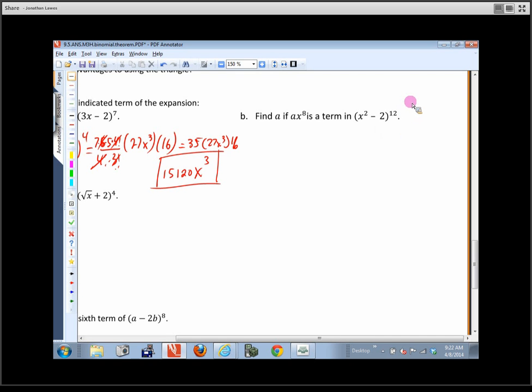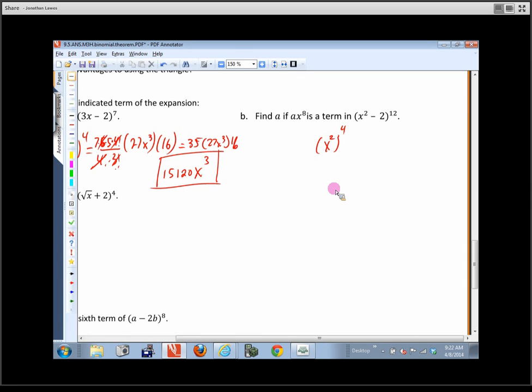So let's stop and think about this. How am I going to make an x to the 8th term using this right here? I'm going to have to take x squared, and do what with it? Raise it to the 4th.